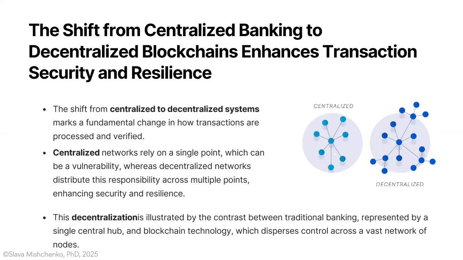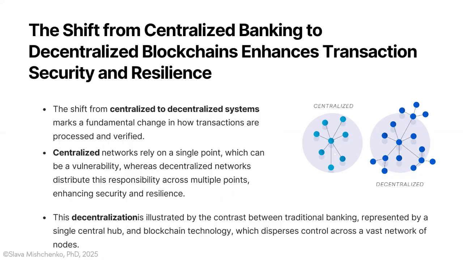Now let me explain one of the most fundamental shifts in financial technology that I've witnessed in my career: the move from centralized to decentralized systems. When I compare traditional banking networks to blockchain networks, the difference is striking.